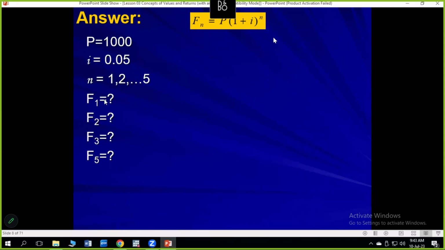In place of n, you substitute 1, and in place of P, you substitute 1,000. And 1 plus i, with i at 5%, you convert into the real number 0.05, so 1.05. In place of n, you substitute 1 up to 5.